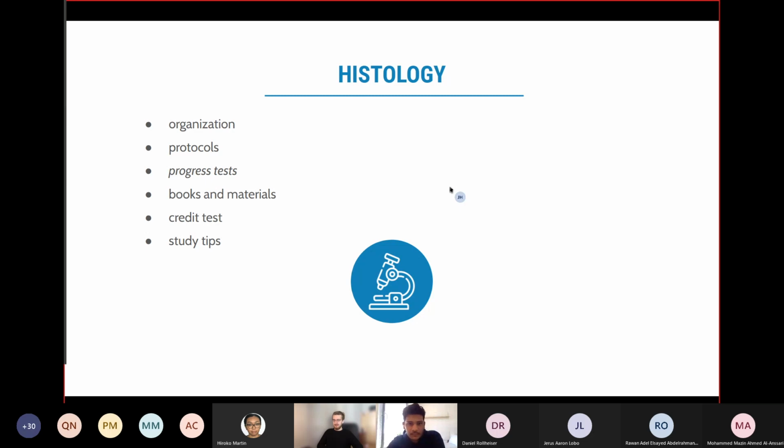Books and materials. The white book from the faculty is extremely helpful, especially for the first semester. And what I also found extremely helpful for histology is all the online resources that are available. There's histologyguide.org. There is a couple of other websites that I've linked in the study document that we can provide to you.